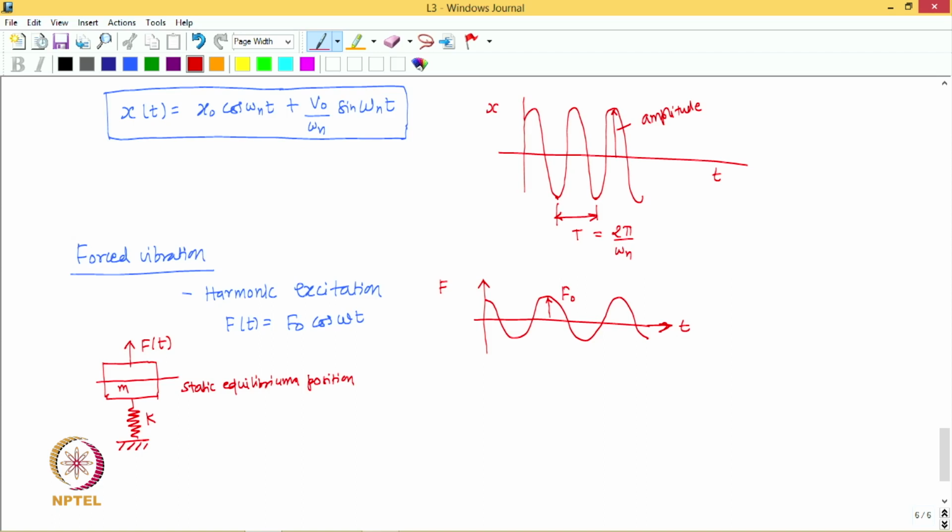Now we again would like to invoke Newton's law to write the equation of motion for the system.